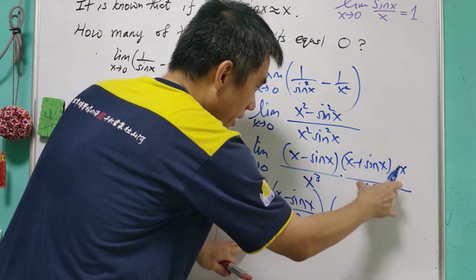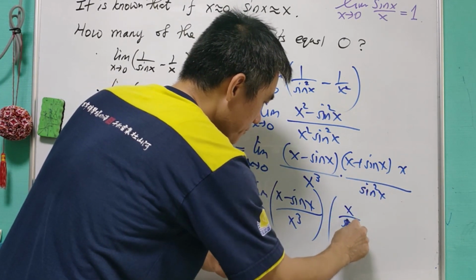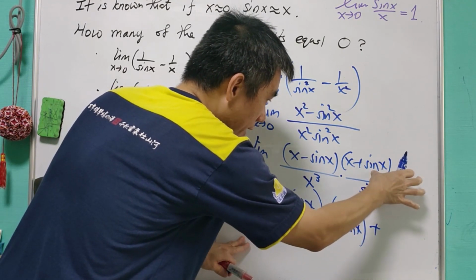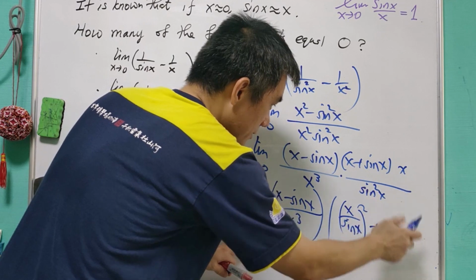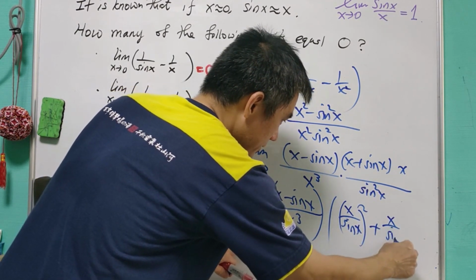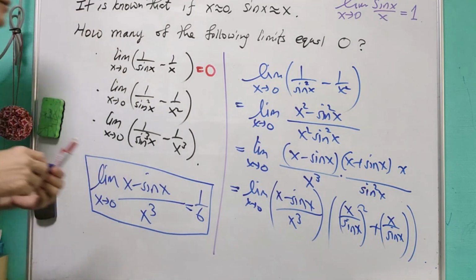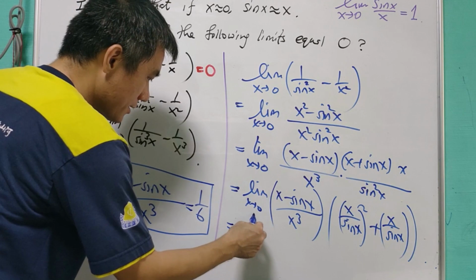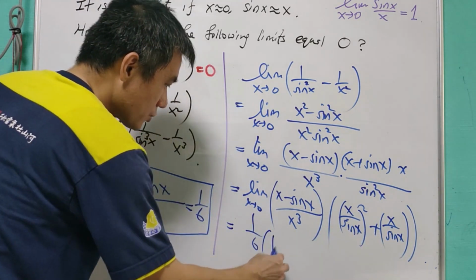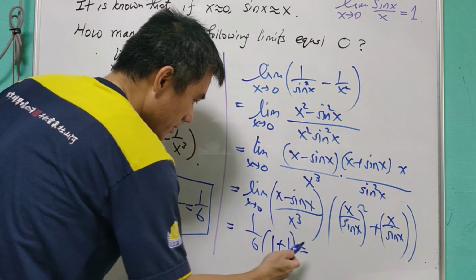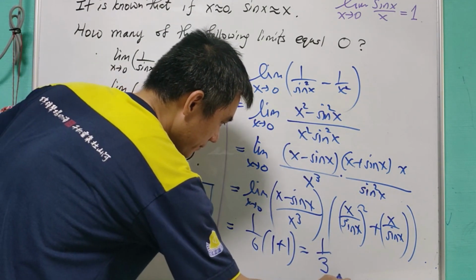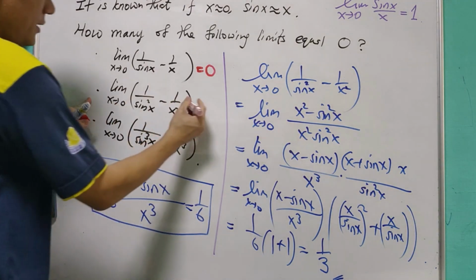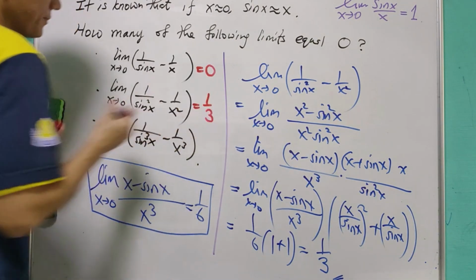Then this is x squared over sin squared x, so this is x over sin x squared. And this is x plus sin x over sin x, so we will have x over sin x plus 1. Since each of the limits exists, we can get the following answer. 1 over 6 times 1 squared, that's 1, plus 1. So this is 2 over 6, that is 1 over 3. With this, the second limit is equal to 1 over 3.